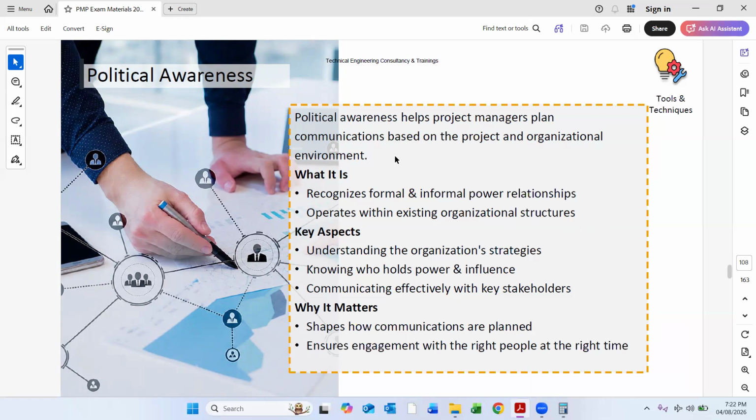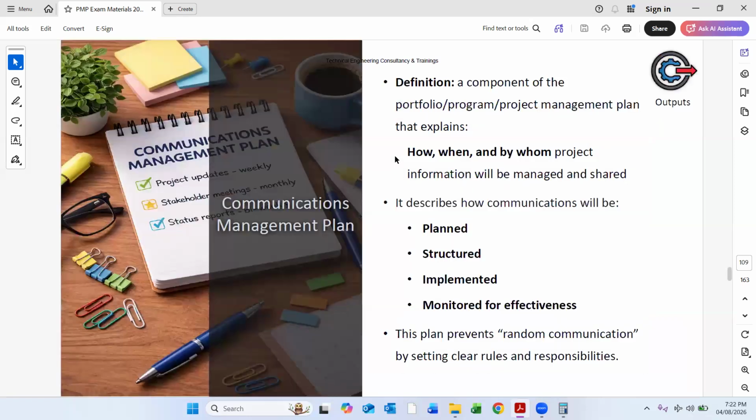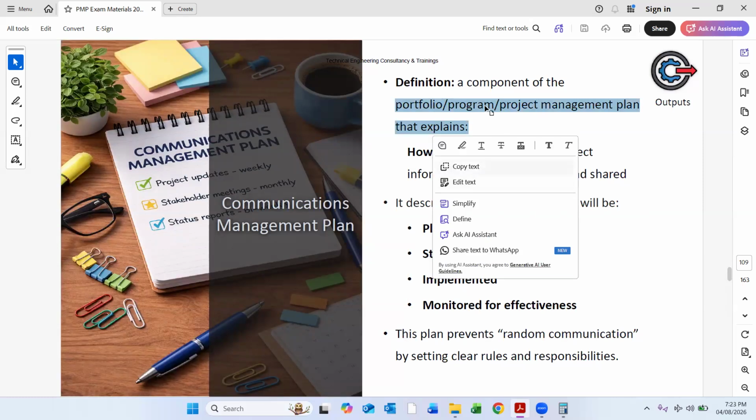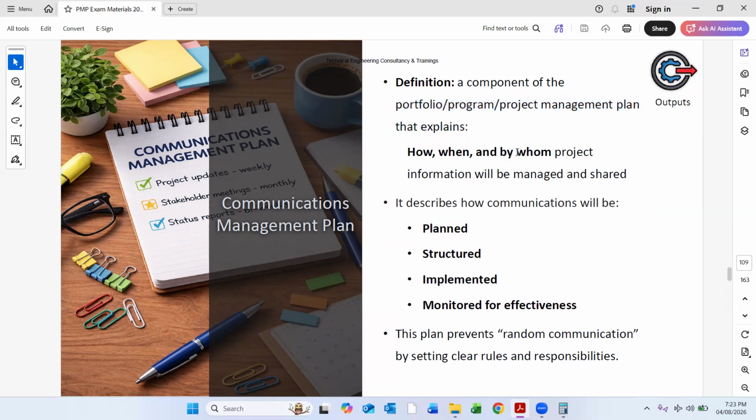Here, the communication management plan. The definition is a component of a portfolio, program or project management plan that explains how, when, and by whom project information will be managed and shared.